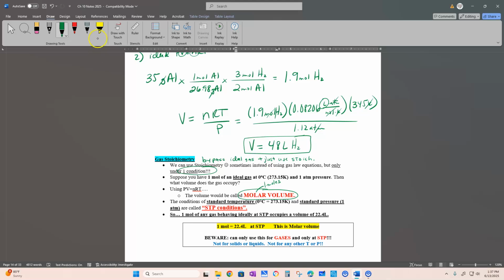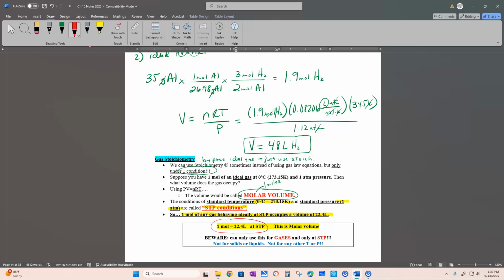This is the very important part: if your temperature is at 0 degrees, 273 K, and you're at 1 atm, we call this STP, standard temperature and pressure. And if you have that, that means 1 mole of any gas at that temperature and pressure will always have a volume of 22.4. This is going to save you a lot of work.